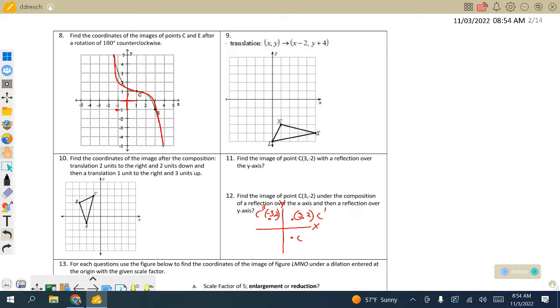And then E prime should be at what? -3, 1. Yep, okay, 1, 2. All right, and what is that, -3 we want, you said? Yep, okay. So when I see that word rotation, I'm going to that patty paper, okay?